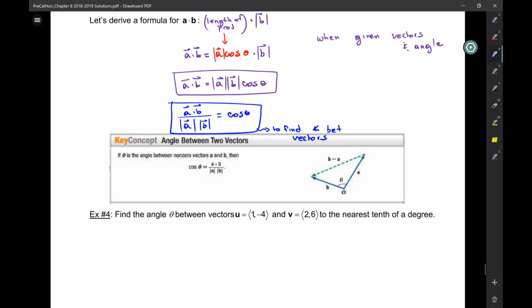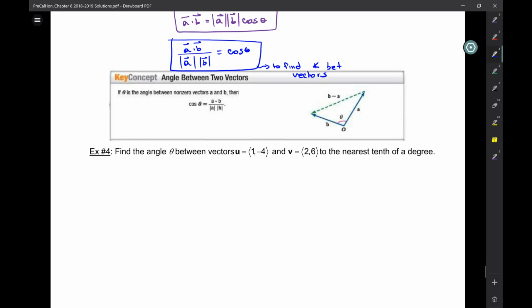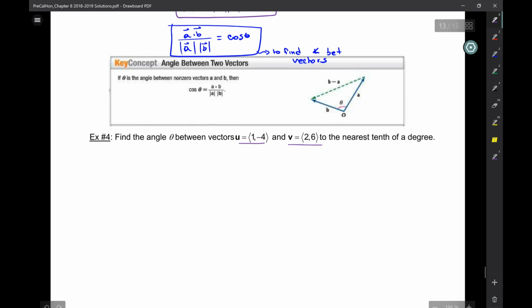Once you know that, to find the angle, it really becomes a straightforward calculation. So here, it says to find the angle between vectors u and v to the nearest tenth of a degree. Well, cosine of theta, I know, is u dot v over magnitude of u, magnitude of v. So again, it's just plugging numbers in at this point. Yes?